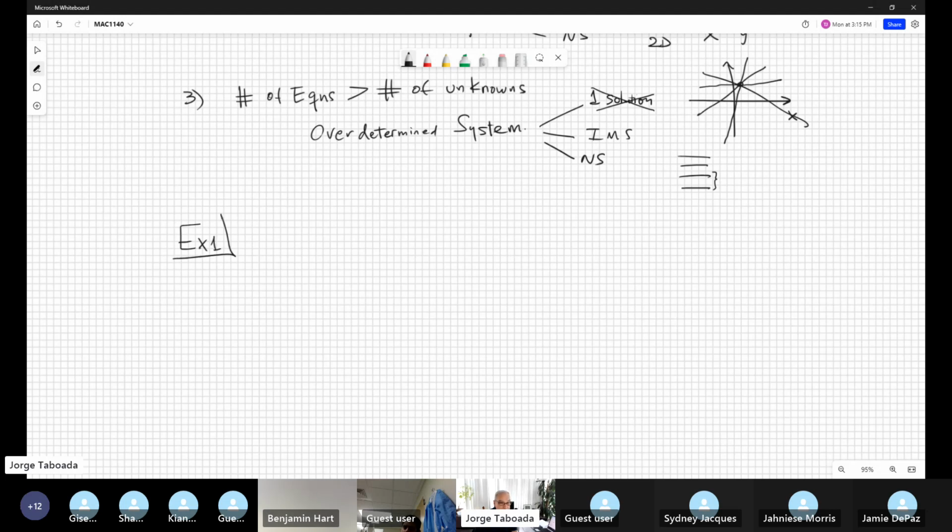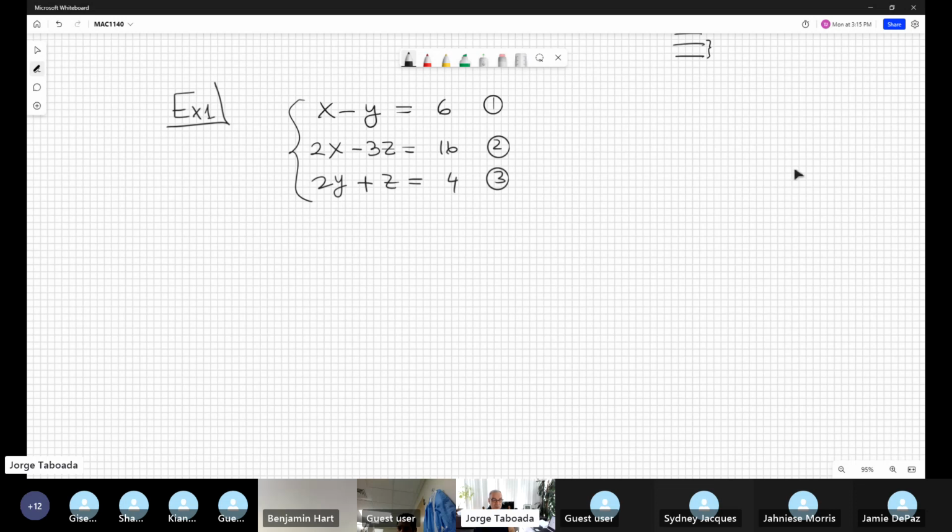In example 1, we have x minus y equals 6, equation 1. 2x minus 3z equals 16, equation 2. And 2y plus z equals 4, equation 3. This is my system that contains 3 equations and 3 unknowns, x, y, and z.